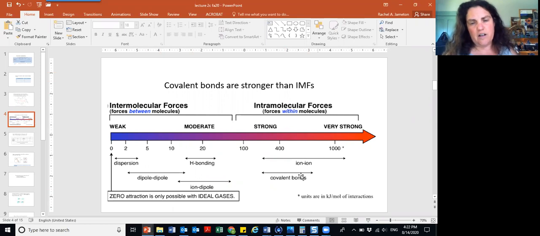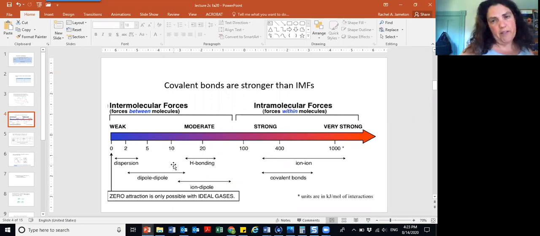We're going to look at the types of intermolecular forces in just a minute: dispersion, dipole-dipole, ion-dipole, hydrogen bonding. These are all weaker, although they vary, compared to the covalent bonds that we have within the molecules.